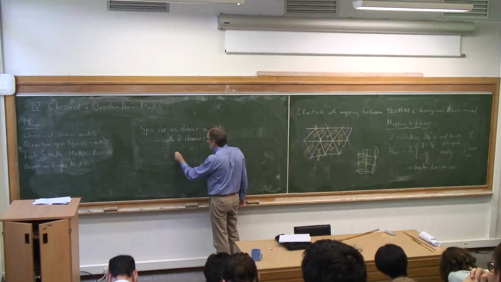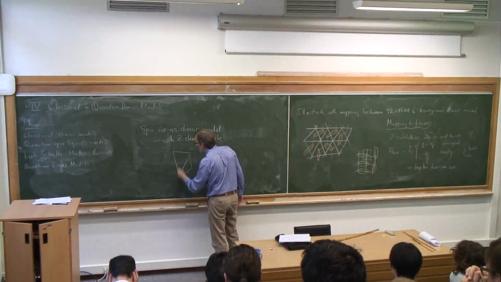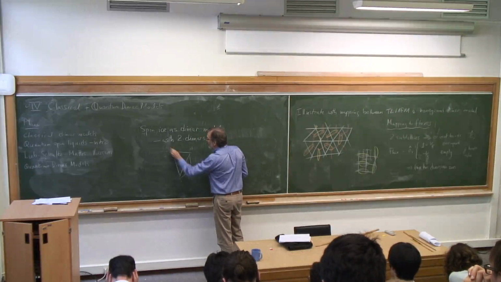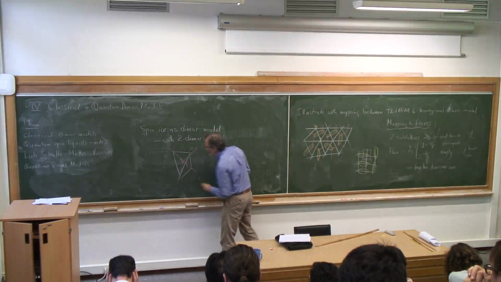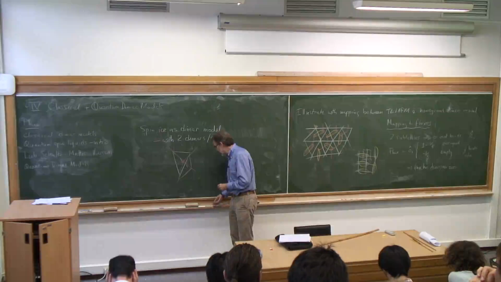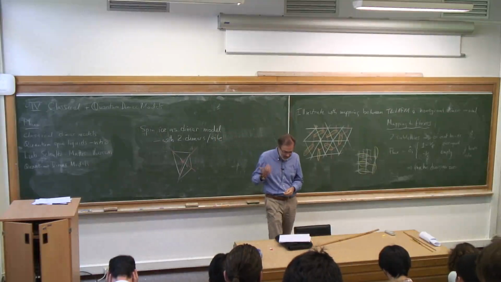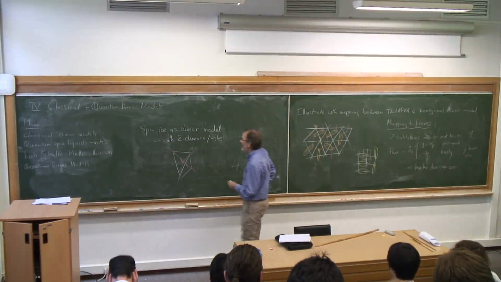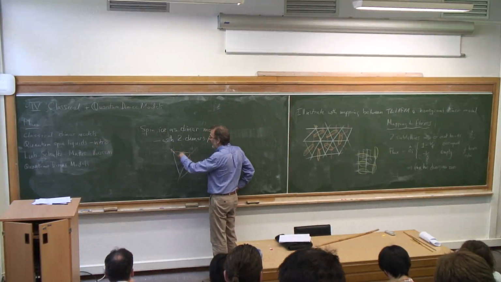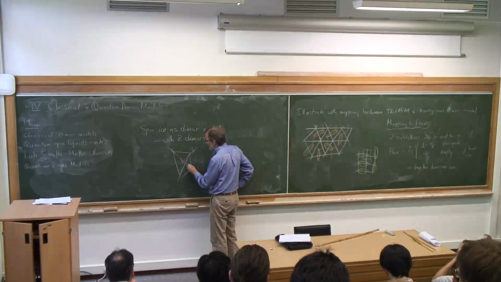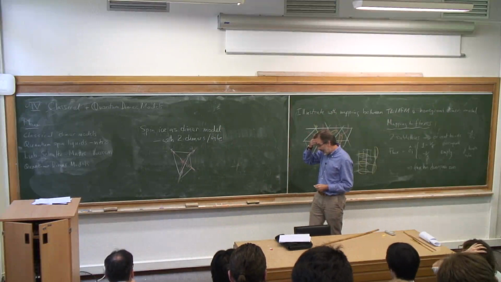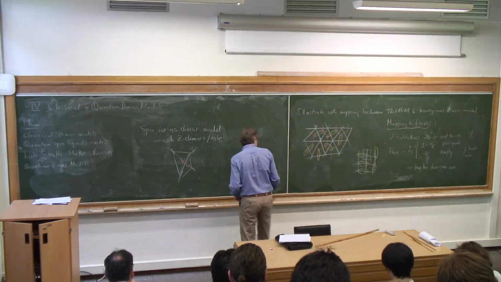So the mapping is rather straightforward. If I think of one tetrahedron of the pyrochlore lattice, the dimer model is going to live on this diamond lattice, and as we said last time, in spin ice ground states I have 2 spins pointing in and 2 spins pointing out of every tetrahedron.